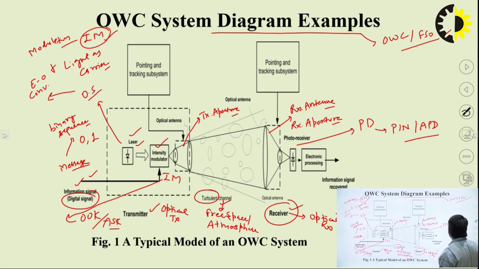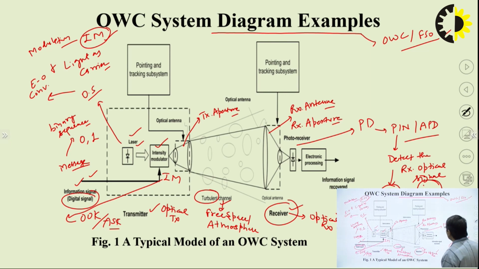This photodiode or photodetector will detect the received optical signal and convert the incident optical power into the corresponding electrical form, that is, photocurrent will be obtained.